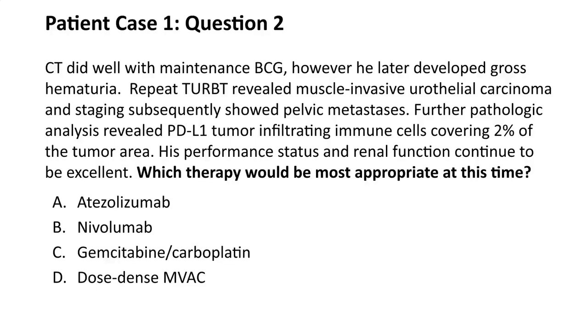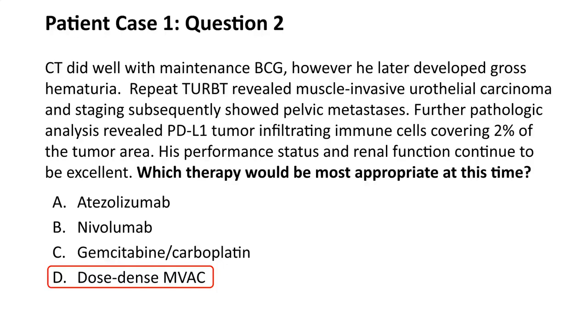So he now has metastatic bladder cancer. Further pathologic analysis reveals PD-L1 tumor-infiltrating immune cells covering 2% of the tumor area. His performance status and renal function continue to be excellent. So let's say his performance status is ECOG 0, renal function, creatinine clearance above 60. Which therapy would be most appropriate at this time?